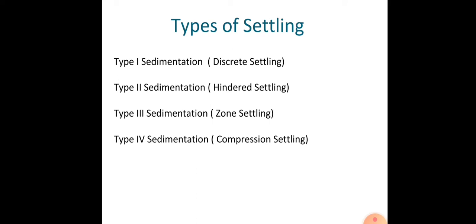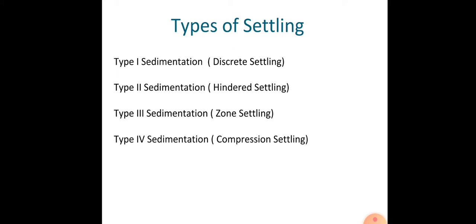Type 1 or discrete settling corresponds to the sedimentation of particles in a suspension of low solid concentration. Whenever the concentration of the solids present in water is lesser, the type of settling that occurs we call discrete settling. The movement of particles will be free because the concentration of the particles is less, so we can even call this free settling.